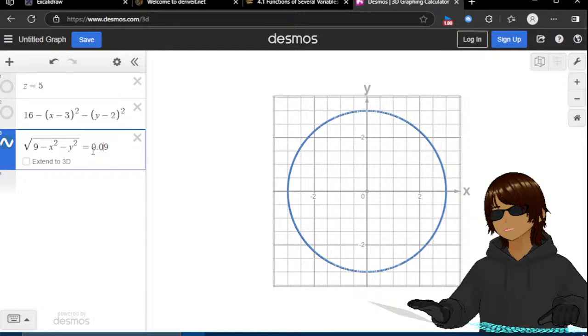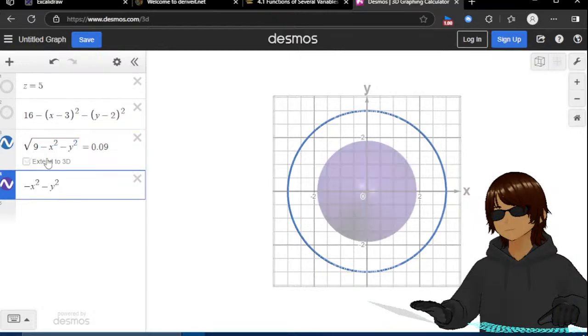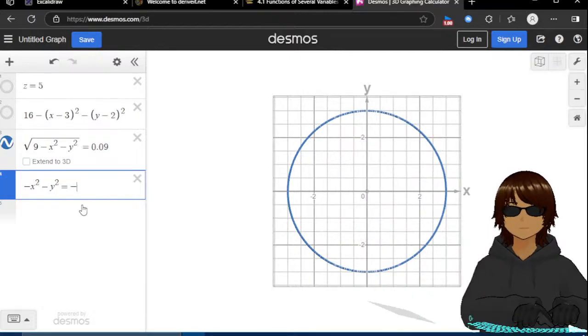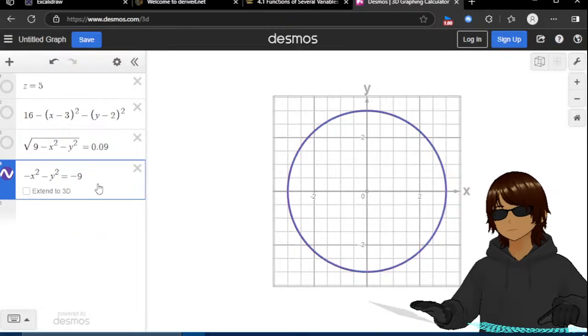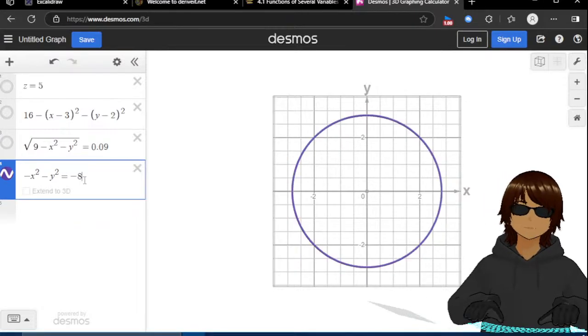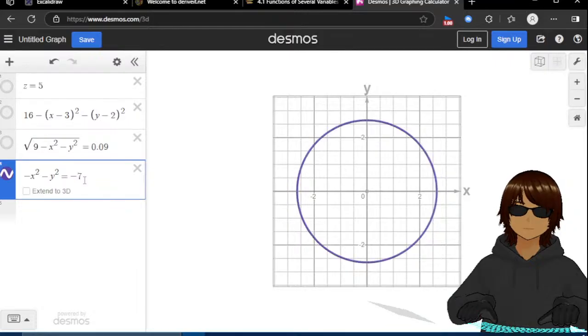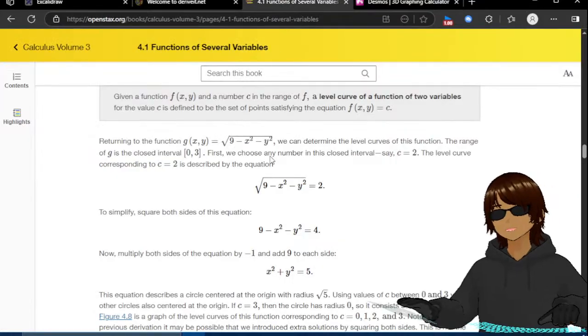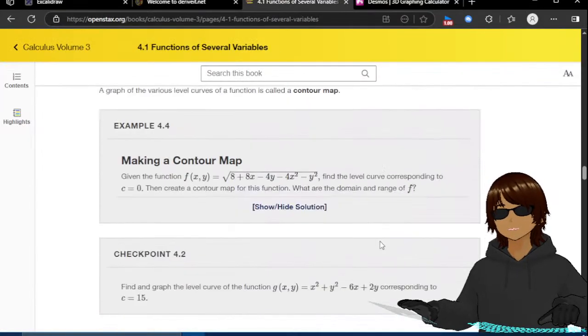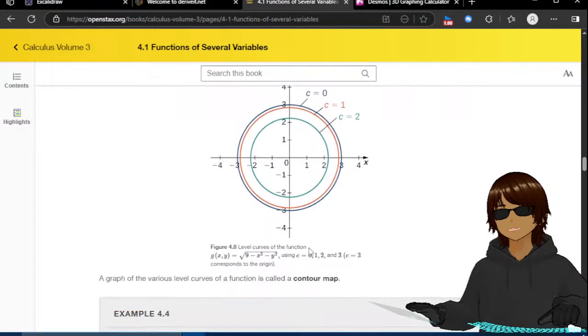Is it even defined at 0? Like if this gets squared and then it becomes minus 9. Yeah, I think now I understand. Smaller values, bigger circle.